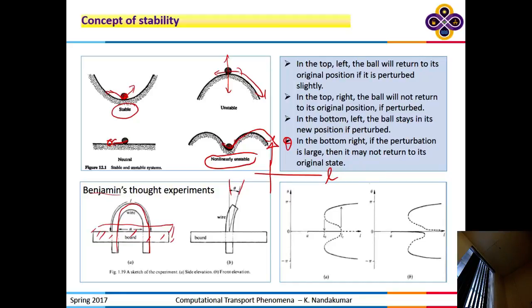So I control the length, and I observe the deflection. I'm going to plot one against the other. And what I find is, at very short lengths, the deflection angle is 0. But once I exceed a critical value, I get either a positive angle or a negative angle, like this. So the solution branches like this.